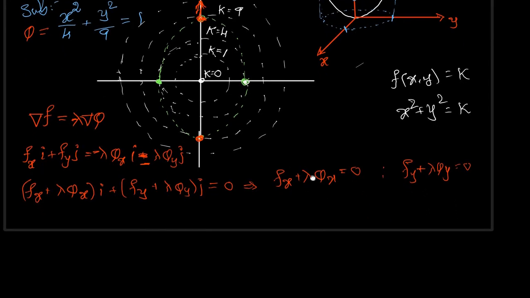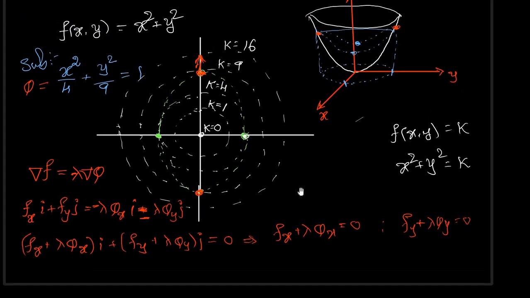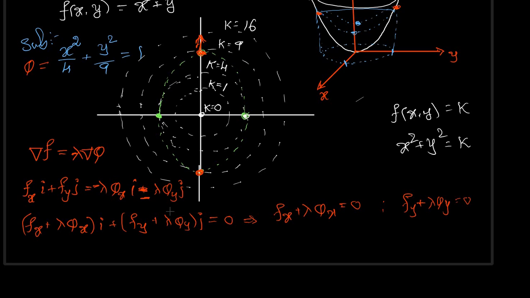Now what Lagrange has done is, to find maxima or minima of a function subjected to the given constraint, he has written a new function, capital F of x comma y, which is given by f of x comma y plus lambda into phi of x comma y.